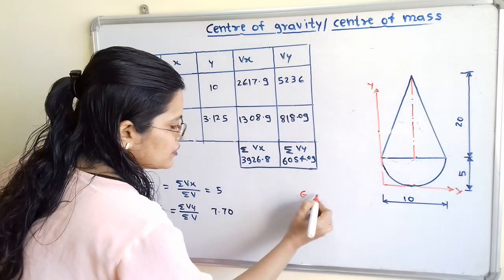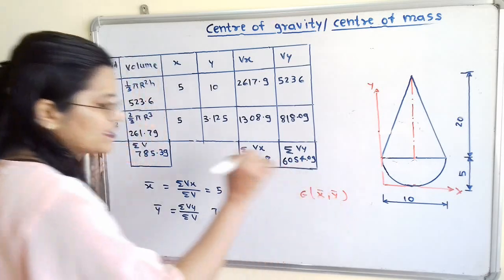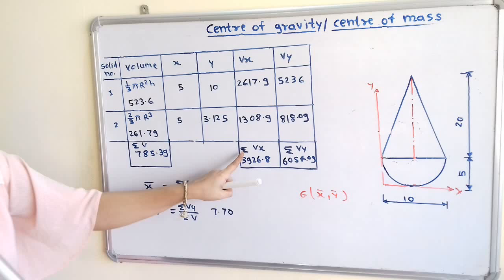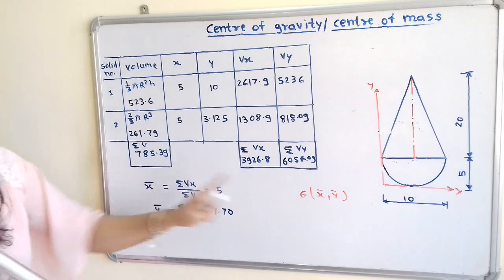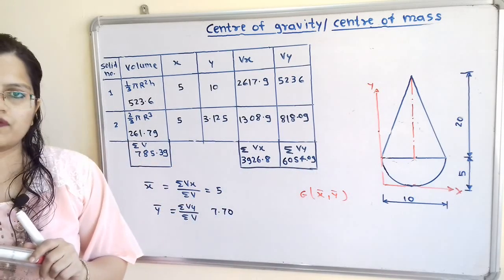So I will write here G, x bar comma y bar. Then how to calculate x bar and y bar? x bar is equal to summation of Vx divided by summation of V, and y bar is equal to summation of Vy divided by summation of V.